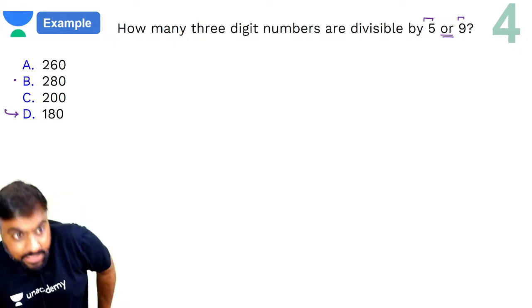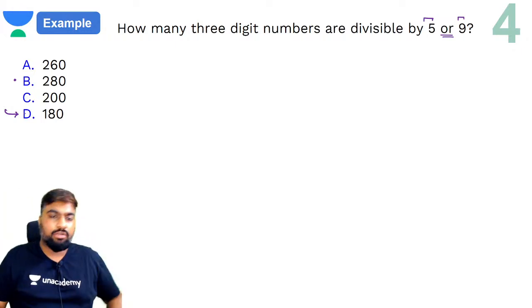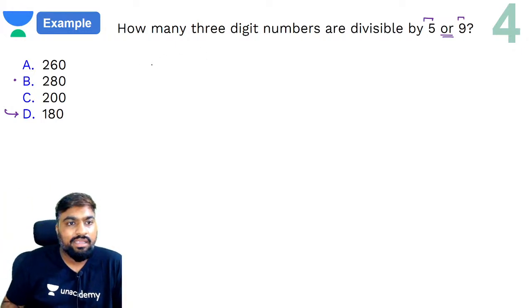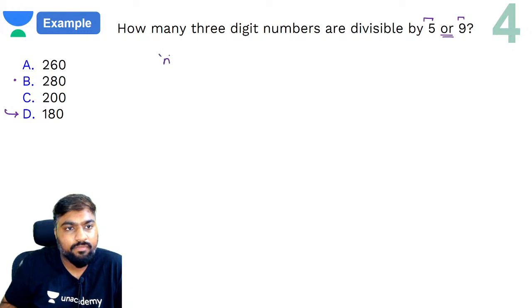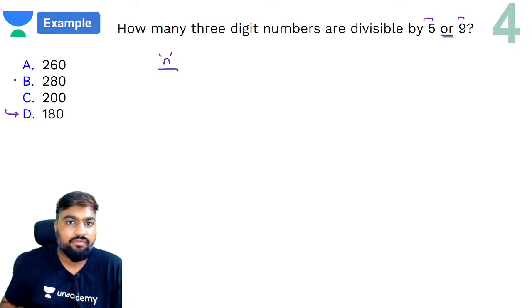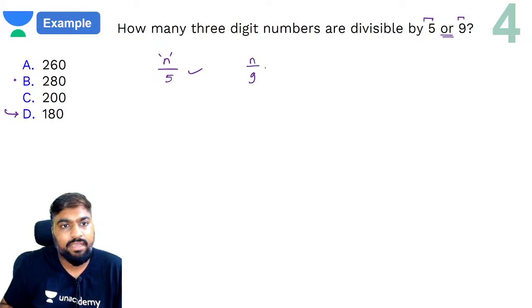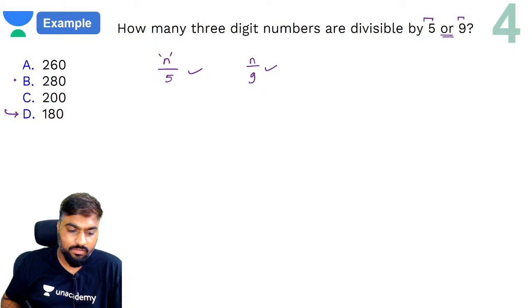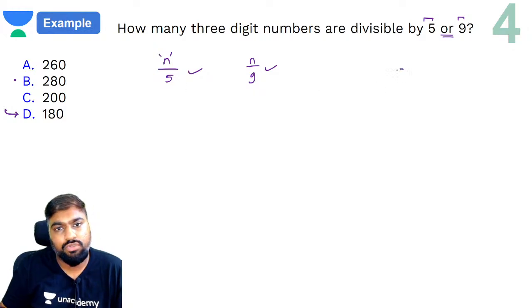Alok says D, 180. Okay, let me explain the meaning of the question. If there is a number n, it can be divisible by 5. It can be divisible by 9 also. But what is the confusion?